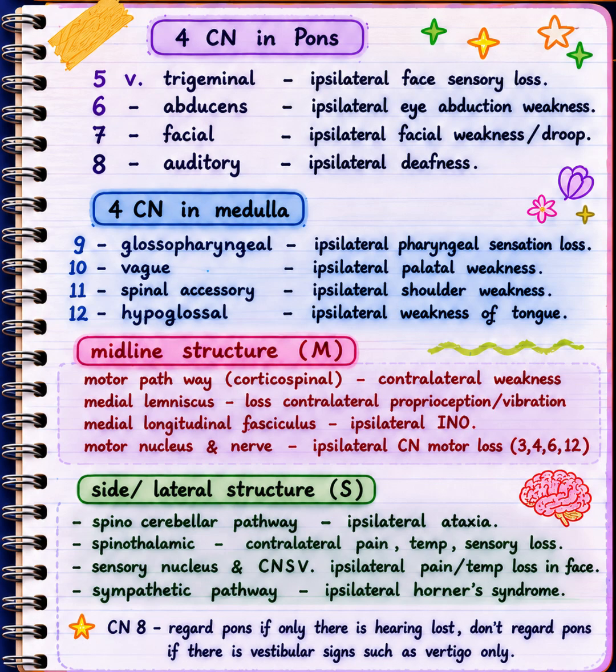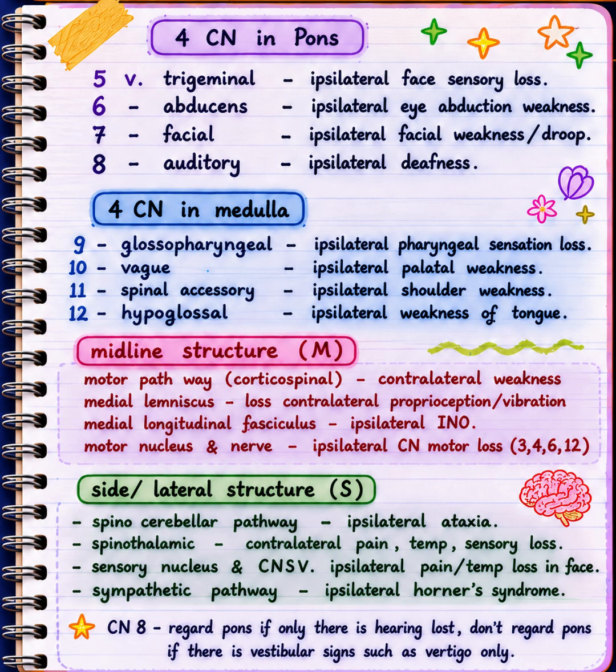So we will assume there is medial lemniscus involvement. So it is a midline structure again. Another one: if there is an ipsilateral INO, then we will know it is the medial longitudinal fasciculus, MLF. MLF involvement always has ipsilateral INO.